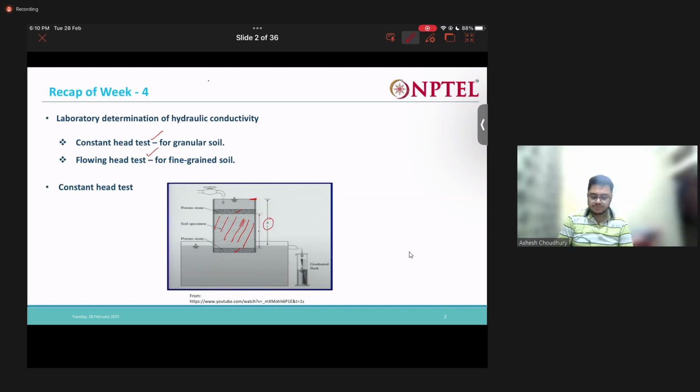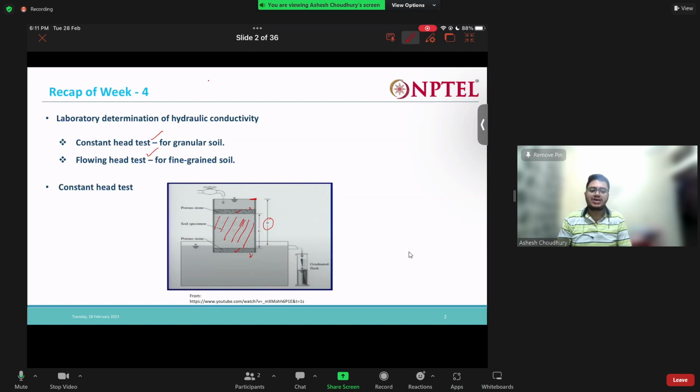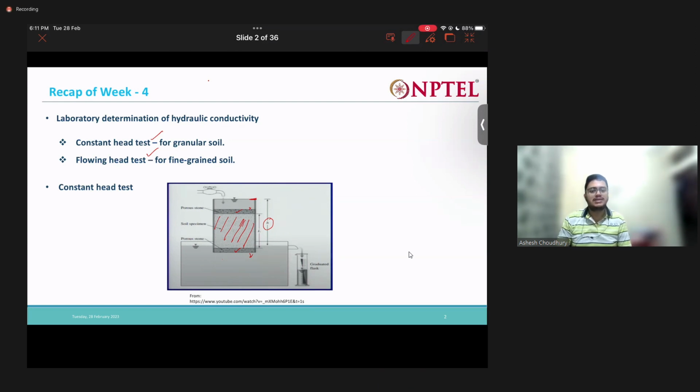There is a head difference of h between the inlet here and the outlet here, but the head difference is maintained as small h throughout the test. This head difference is not changing as the test progresses. Small h is our head, which remains constant throughout the test.